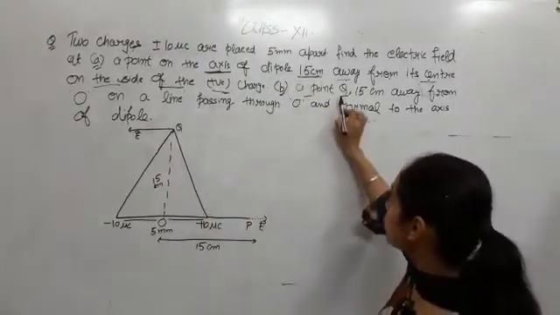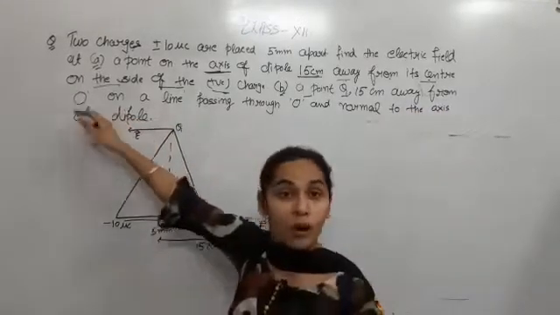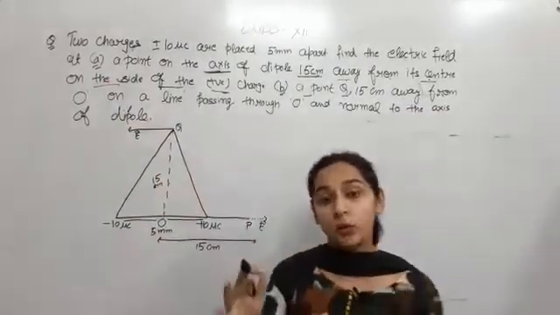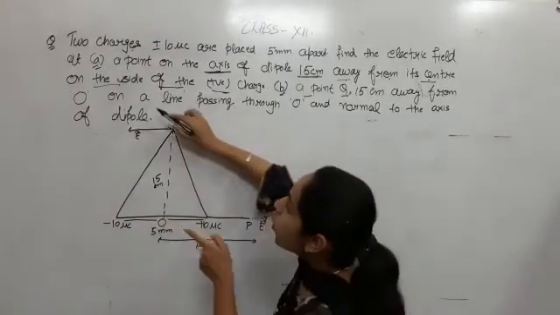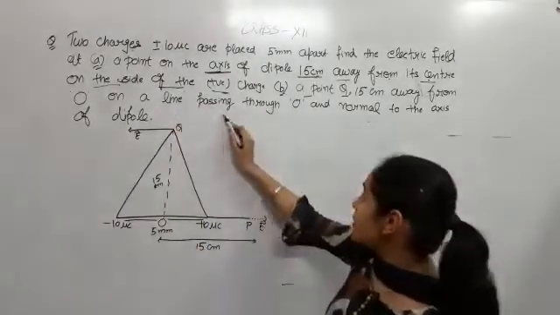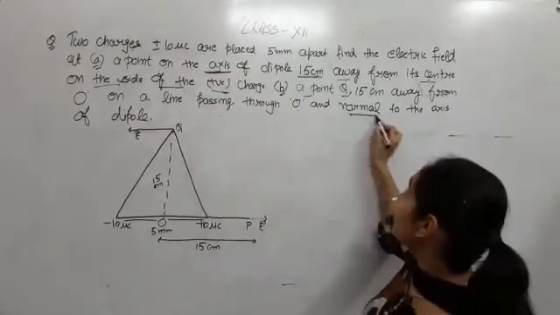A point Q, 15 centimeter away from O. Again they have given an accurate measurement, 15 centimeter away from O, on a line which is passing through O and normal to the axis of the dipole.